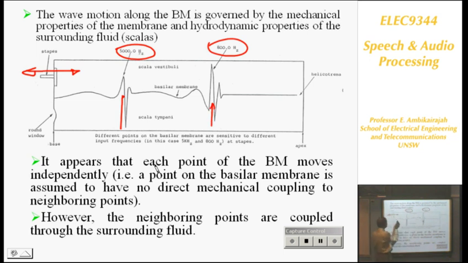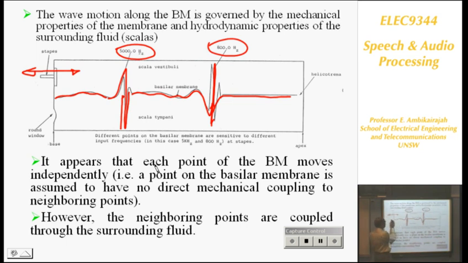So you will find there's very little movement here on the membrane, and you get a peak there, and then very little movement, and then a peak there, and then very little movement. So basically, depending on the frequency coming in, the membrane will move and give a maximum deflection, right?